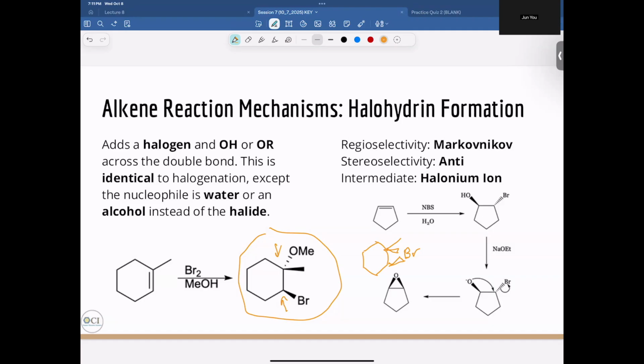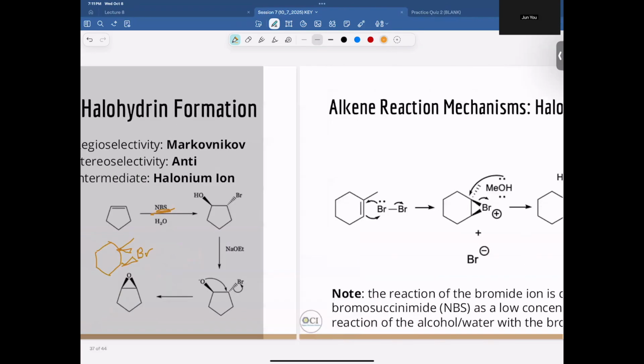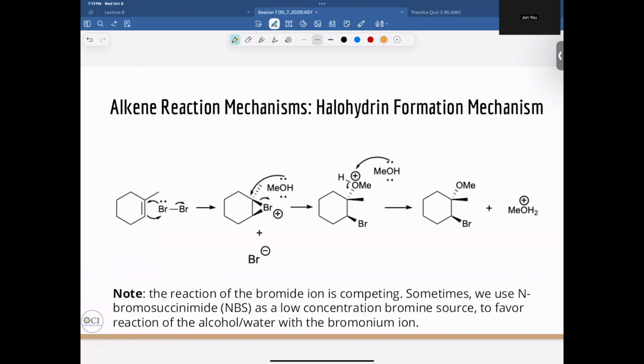Another case, instead of Br2, you can also use NBS. NBS also will add that bromonium ion. So the mechanism, we drew this earlier.